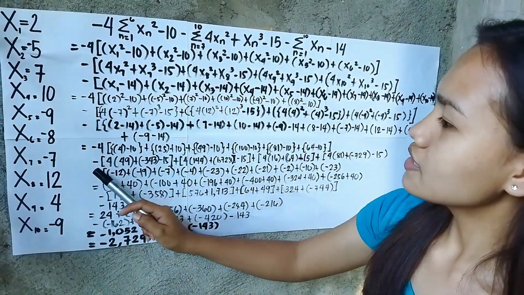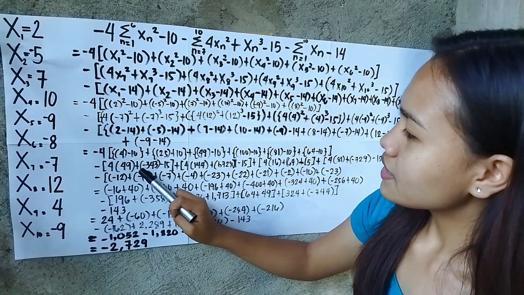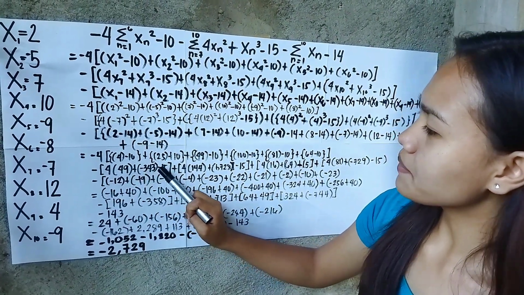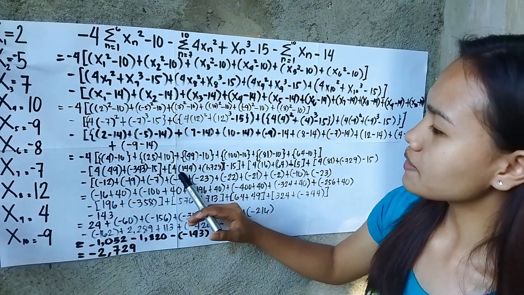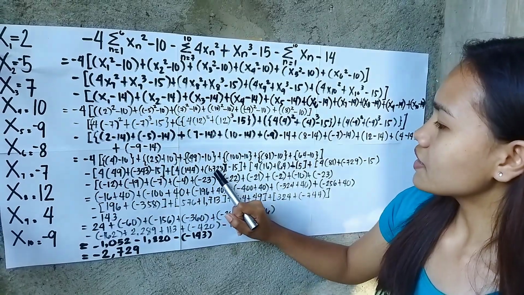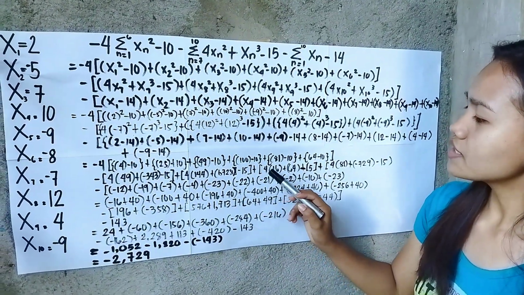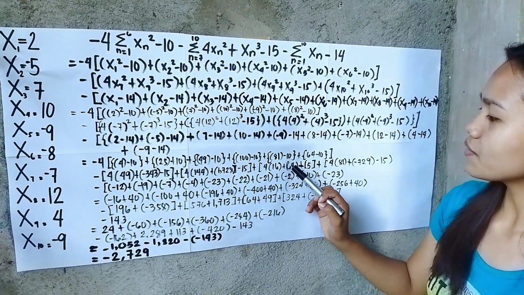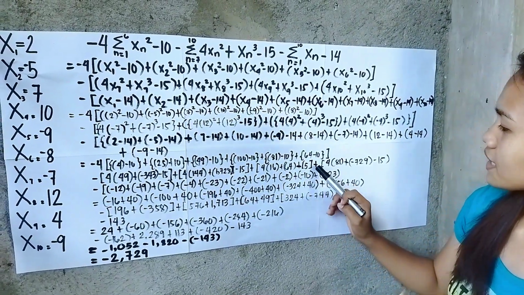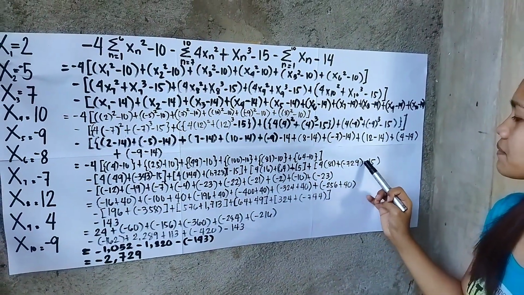In the second, 4 times 49 plus negative 343 minus 15 plus 4 times 144 plus 1,728 minus 15 plus 4 times 16 plus 64 minus 15 plus 4 times 81 plus negative 729 minus 15.